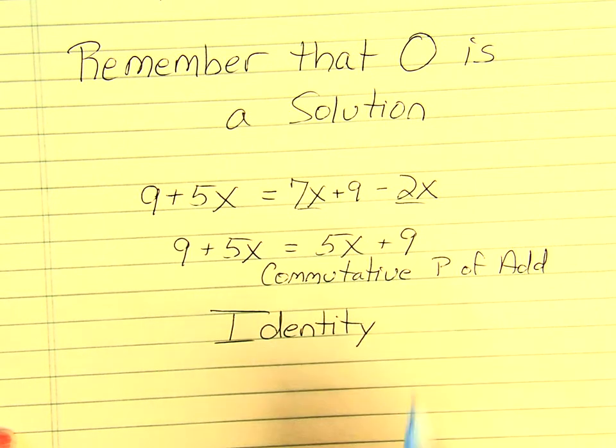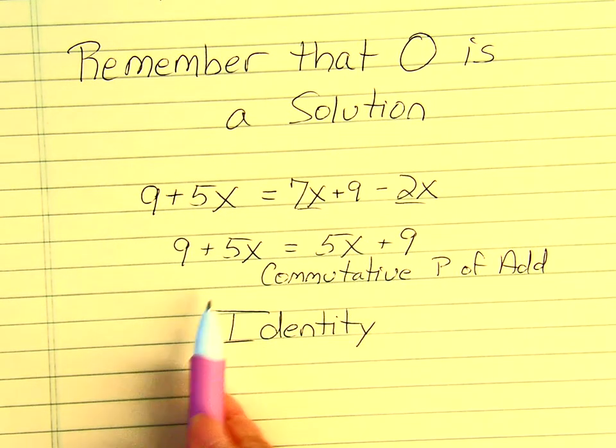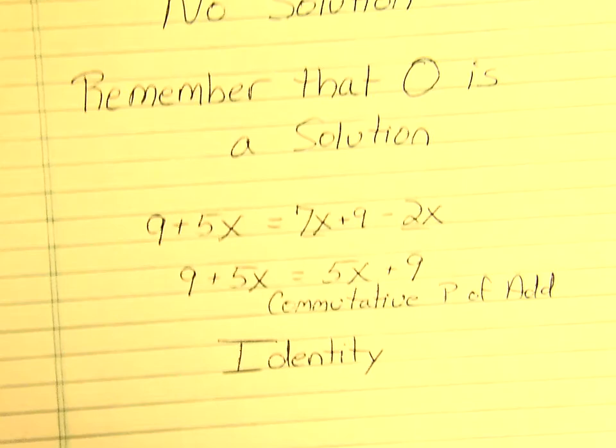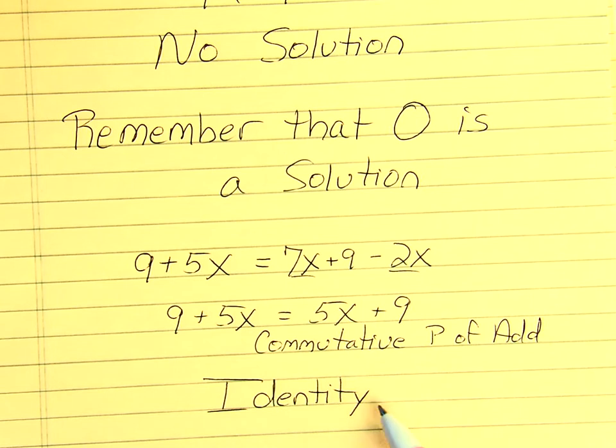Identity says that no matter what I put in for that variable, both sides will always work. So any number will work in this equation. So those are called identity. So you can have no solution, you can have identity, or you can have an actual solution.